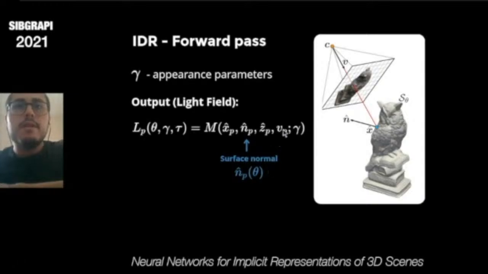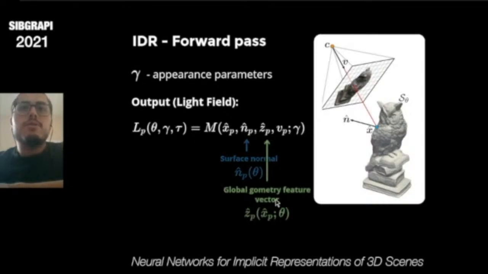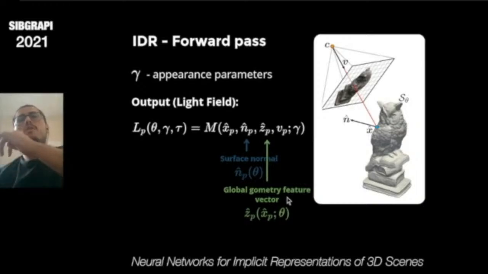Okay. We have your direction v. We have the appearance parameters. So m will be our neural network. And we also have this z, which is a global geometry feature. So we want to render considering the whole geometry, right? You have other points that could throw shadows and have effects on your appearance.